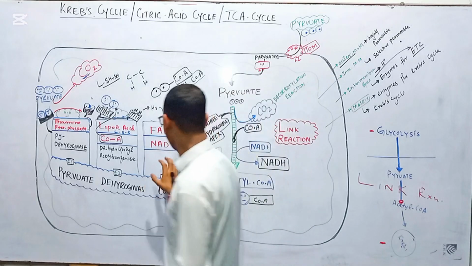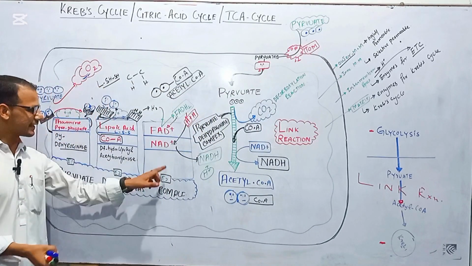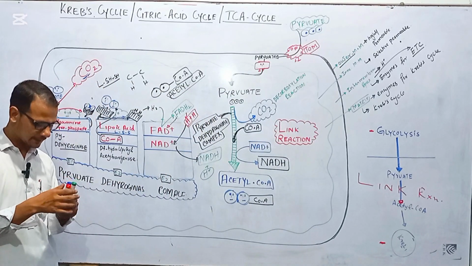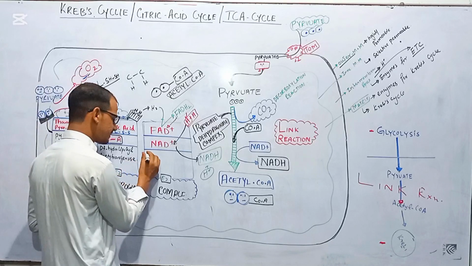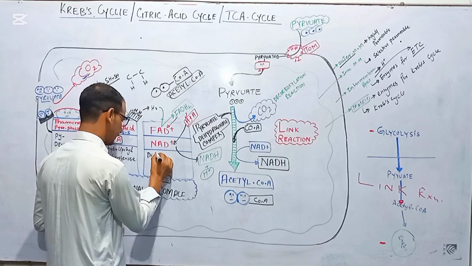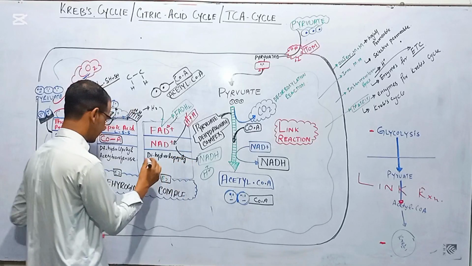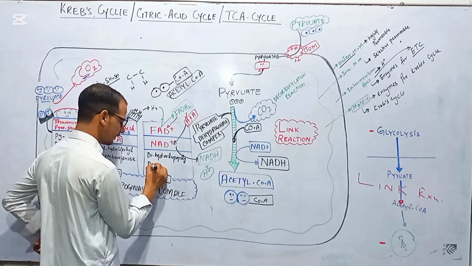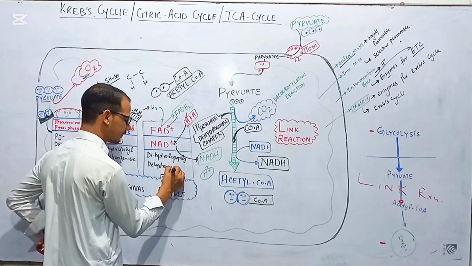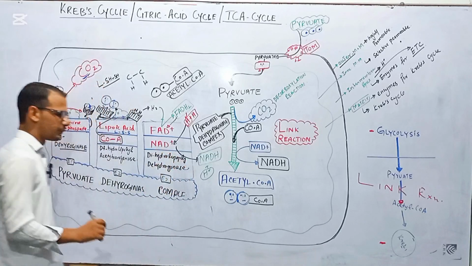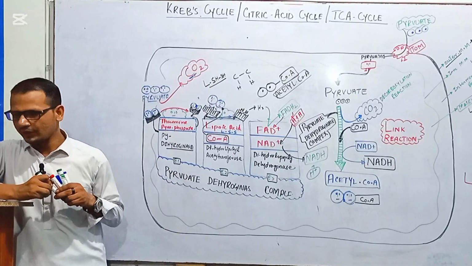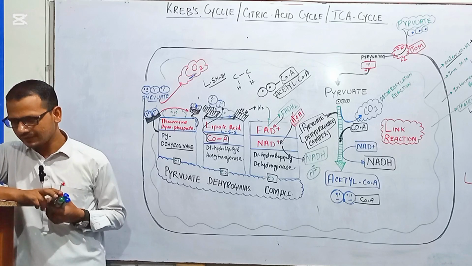So these are the three enzymes. What is the actual name of this enzyme? The name of this enzyme is dihydrolipoyl dehydrogenase. This is the third component of the pyruvate dehydrogenase complex, right?